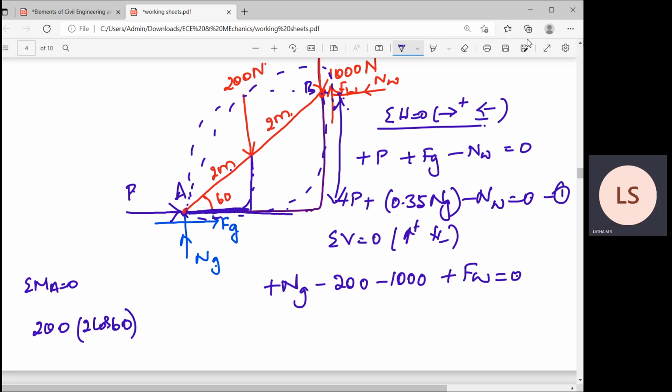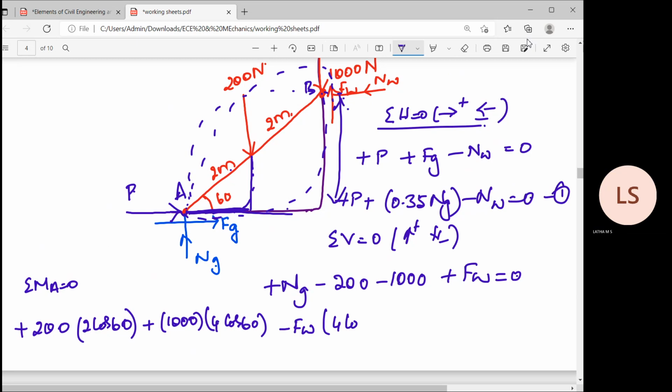Is that clockwise? Yes, clockwise. Plus 1000 into 4 cos 60, correct? Minus Fw into 4 cos 60.